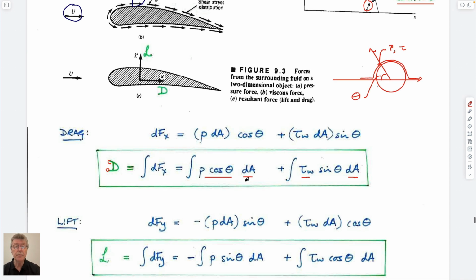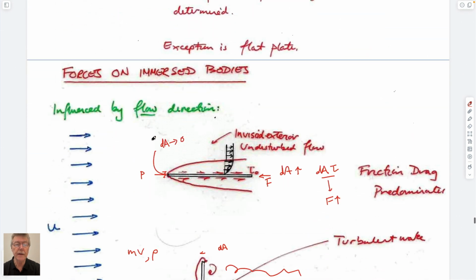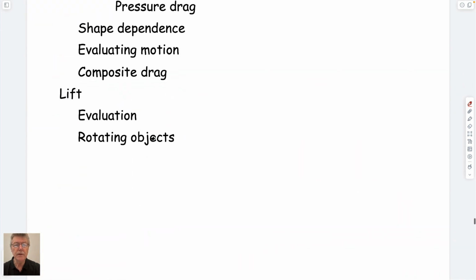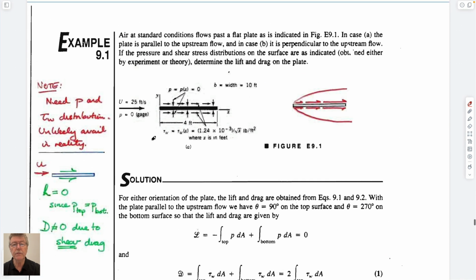So we can use these if we have, and I said last time, it's kind of esoteric because we need to know a solution for both the shear stresses on the boundary and also the pressures. And if we have those, we can actually do that. And so we do have some cases where we know that. And so this is one of those esoteric cases.